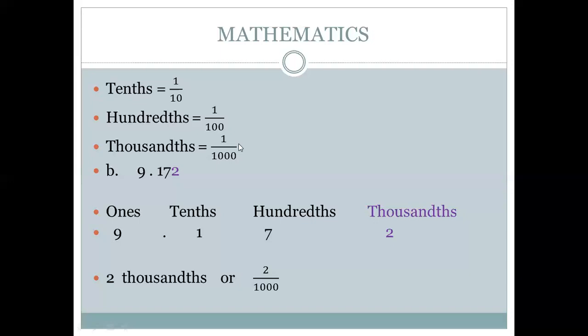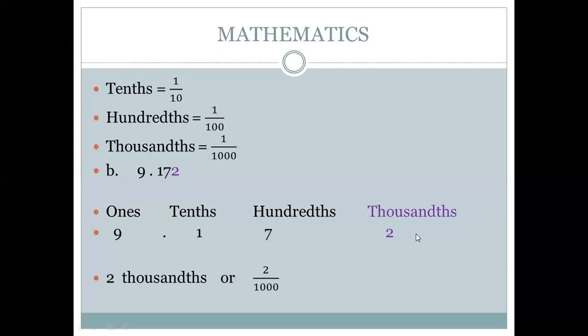Now as you see in your number, 9.172, the last digit 2 is highlighted or colored. Now we again make the table, but this time we start from thousandths, because I told you when our numbers start from the decimal, we start from thousandths, hundredths, tenths and then ones, because 9 is before the decimal, so that's why this is ones.